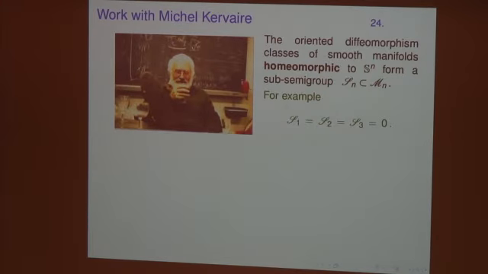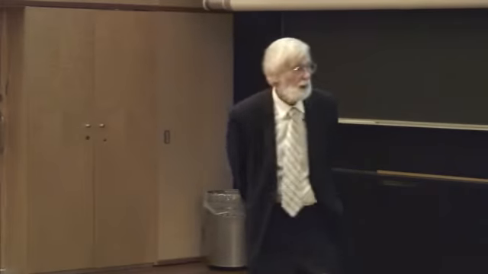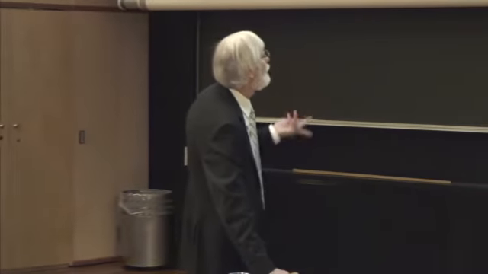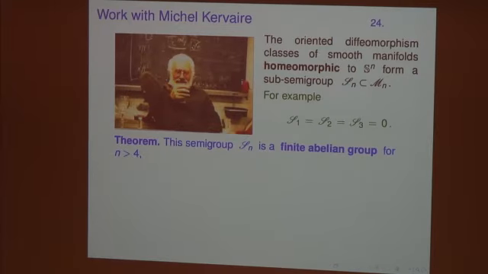Well, for dimensions 1 and 2, there's clearly nothing happening. We just get the trivial semigroup. For S3, certainly Michel and I were not able to handle it, but now in view of Perelman's theorem, we know that this is trivial. And we were able to handle the case of high dimensions, of dimension 5 or more.